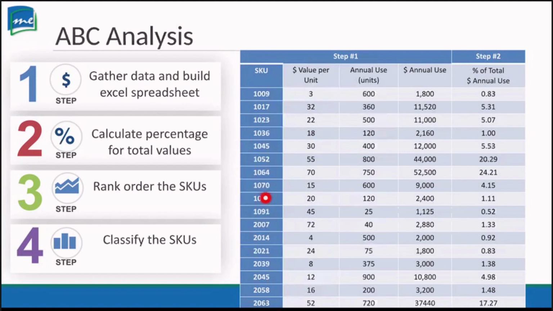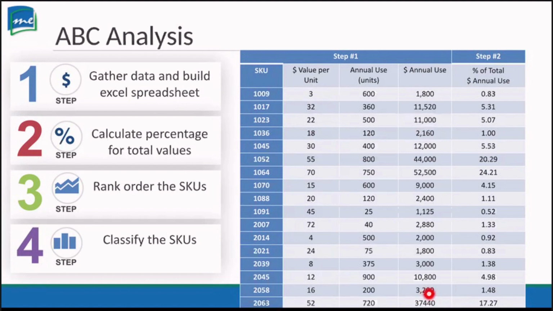After you gather all the data, you will have an idea about the percentage each SKU takes of the total value. So you need to compute the total dollar annual use for each SKU, and you will have an idea about the total dollar annual use. You just sum the dollar usage of each SKU together, and you will have a total number.